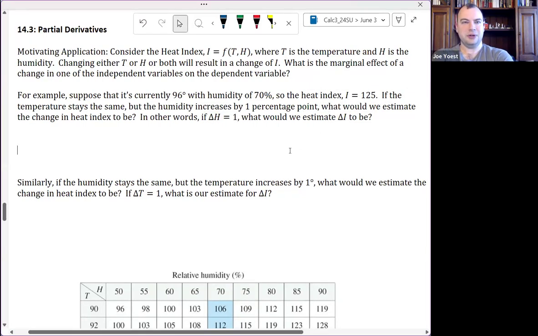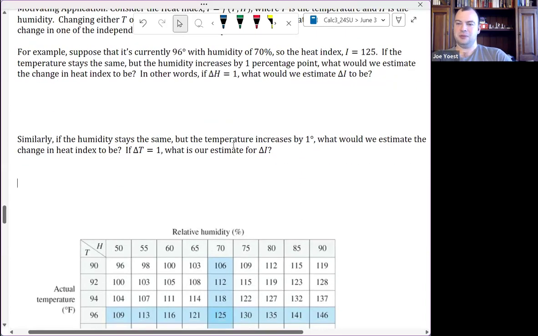How does delta I relate to delta H for a constant temperature? Or similarly, if the humidity were the same, but the temperature increases by 1 degree, how would the heat index change? What would I estimate delta I as if I knew delta T was 1 and the relative humidity did not change?